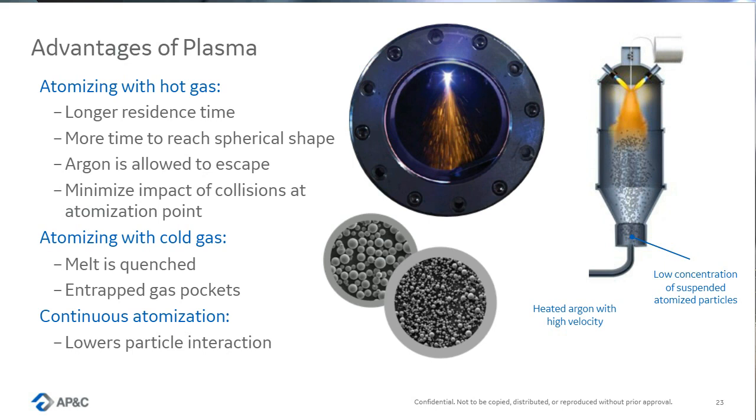Also, in any process of atomization, at the atomization point, that's where you have the highest density of particles, so more chance of collisions. And when you're using a cold gas, like in classical gas atomization, and quenching the melt, well, collisions will create particles that are non-spherical. In plasma atomization, you're going to allow those particles to recombine into a spherical shape. So that helps a lot in controlling the particle size and ensuring that it has the right shape you're looking for and low porosities.